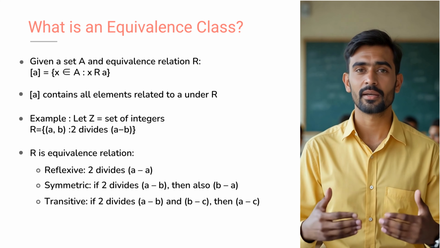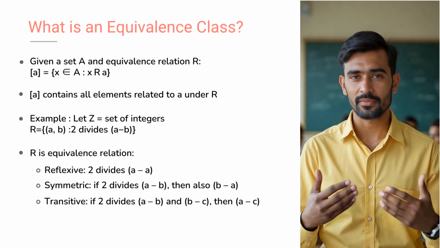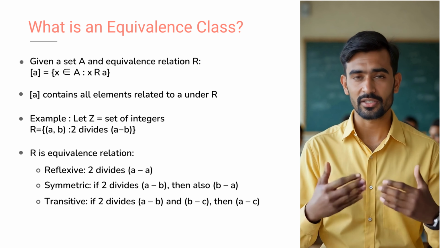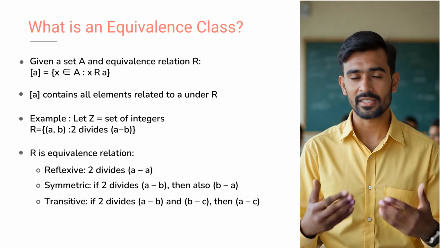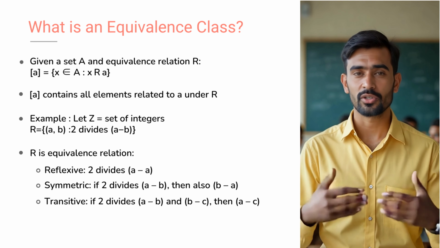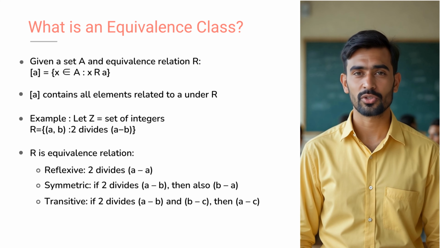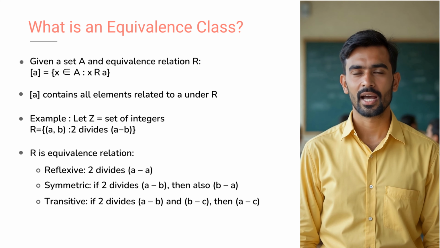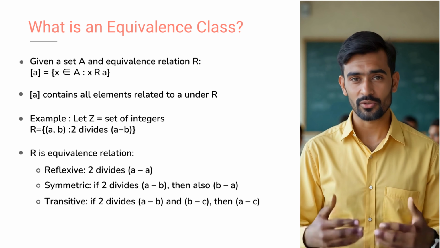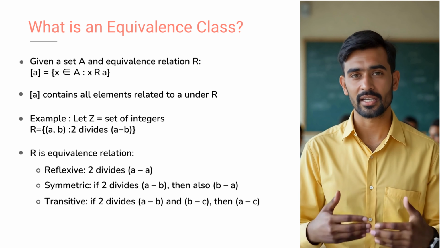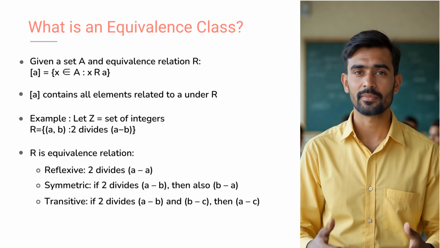Is it symmetric? Yes. If 2 divides a minus b, it also divides b minus a. Is it transitive? Also yes. If 2 divides a minus b and b minus c, then it divides a minus c too. So yes, it is an equivalence relation.